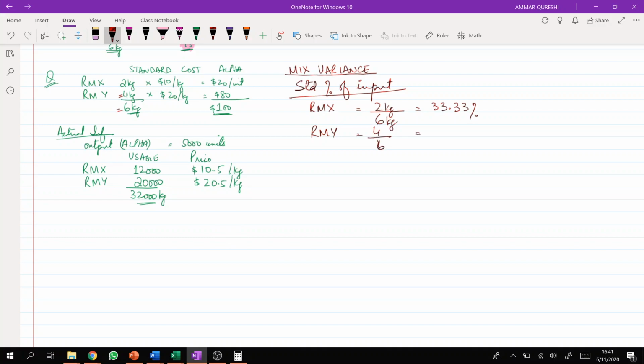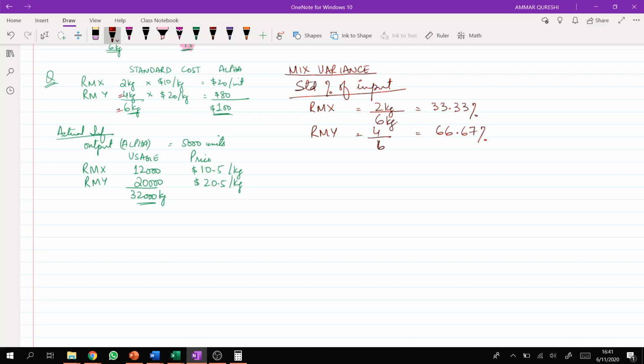That makes around 66.67%. So this means the standard recipe is 1/3 or 33% should be X, and 2/3 or 66.67% should be raw material Y. This is what our standard suggests for the perfect manufacturing of product alpha.